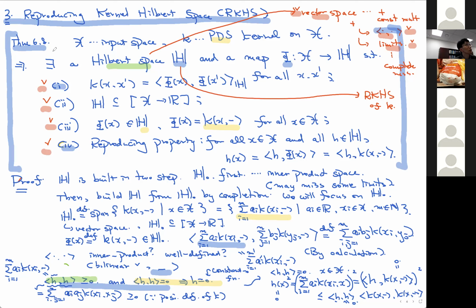So anyhow, Theorem 6.8 says that if we have a PDS kernel, there is a very canonical Hilbert space whose elements are functions, with a feature map defined in terms of partially applying the kernel, in such a way that the kernel can be expressed in terms of the inner product after the application of the feature map. And that Hilbert space has a nice property which is called the reproducing property.